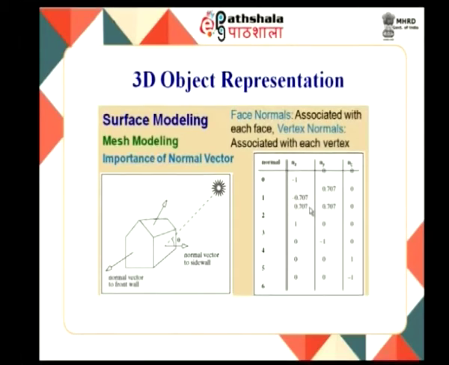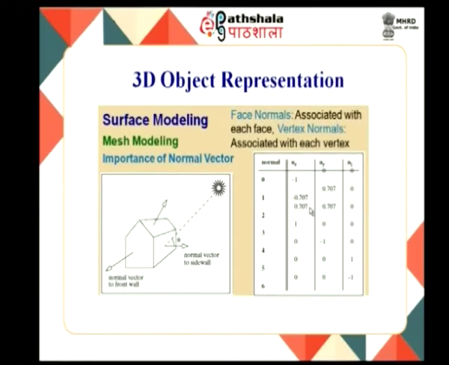Now the normal vectors, as you can see here, are indicated with the numbers 0 to 6 because there are 7 faces. For the faces, you can see the normal vector components are 1 0 0, 0 0 1 and so on.